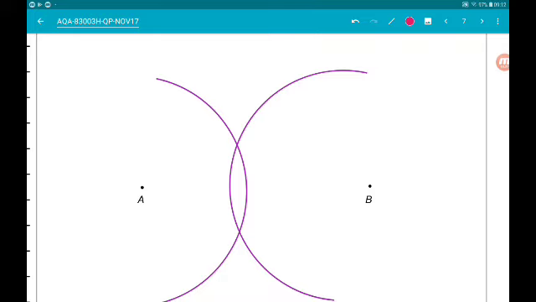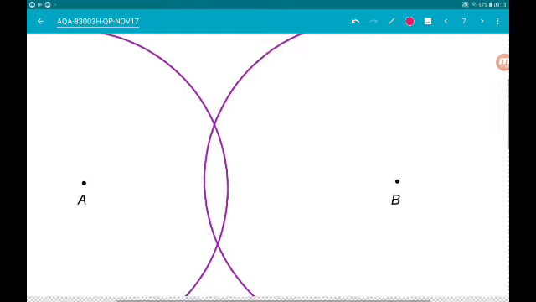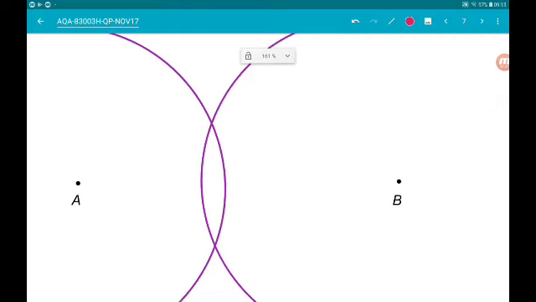Then what we do is, without changing the size of the compass, put the point on B and draw another arc over to the left, and what we're interested in is the 2 points where these arcs meet.